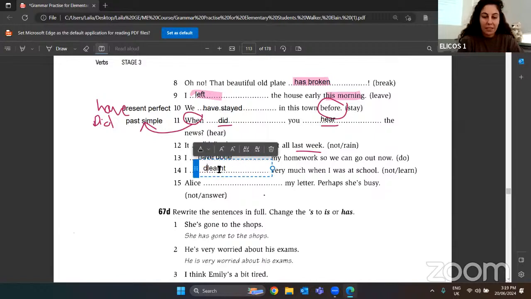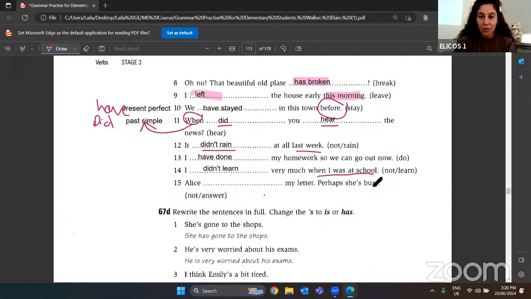I wouldn't use haven't. Maybe I didn't learn very much. Why do I know it was the past simple? Because I can see when I was at school. So it's exactly telling me when I'm talking about this action. And it's a negative. I didn't. It is the past simple. I didn't learn very much when I was at school.